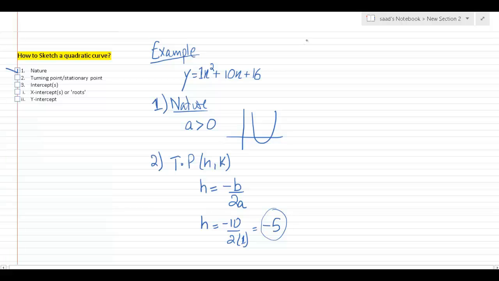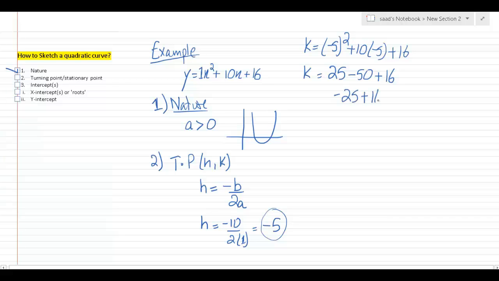Let's figure out what k is going to be. I'll do that by simply plugging in minus 5 in place of x in my original equation and replacing y with k. So negative 5 squared plus 10 into minus 5 plus 16. So k is equal to 25 minus 50 plus 16. 25 minus 50 is negative 25.